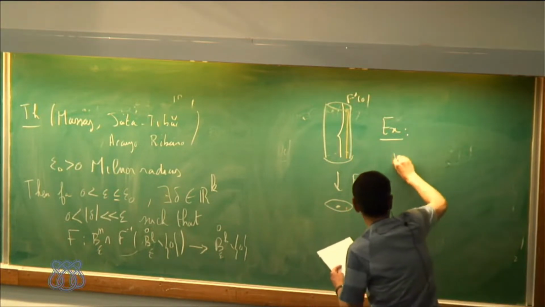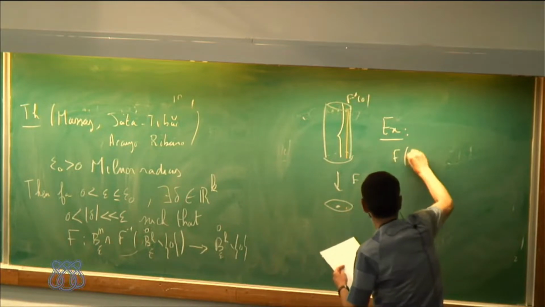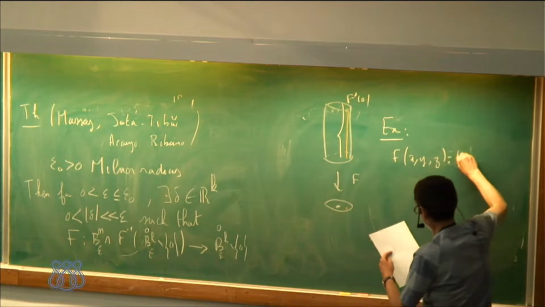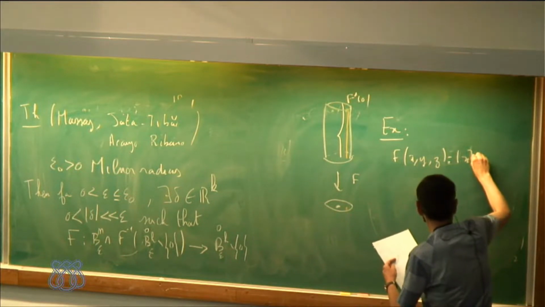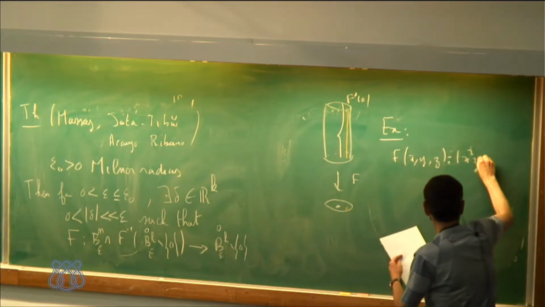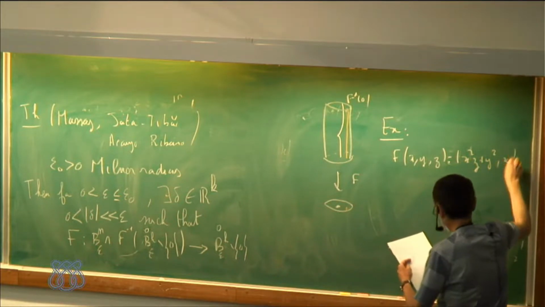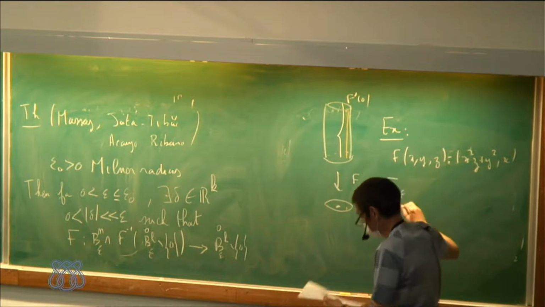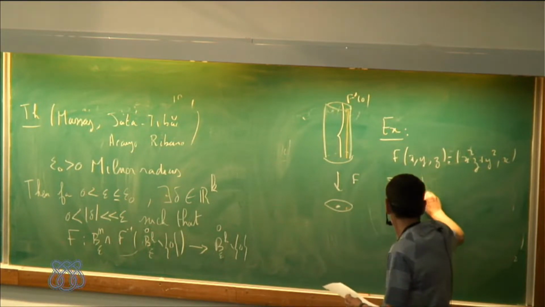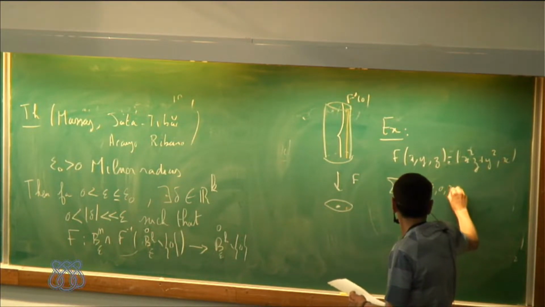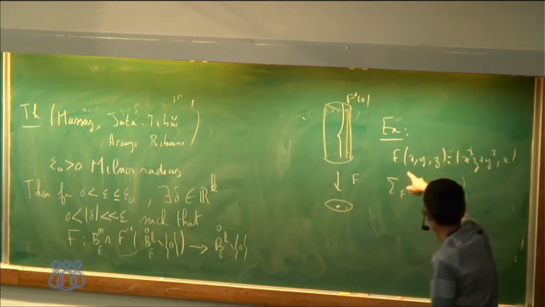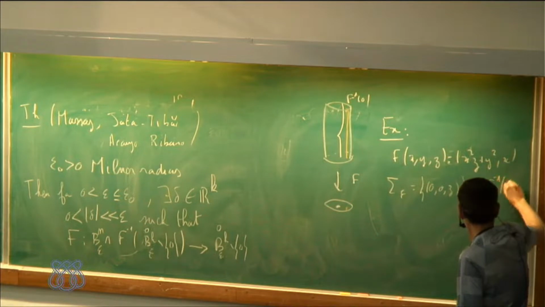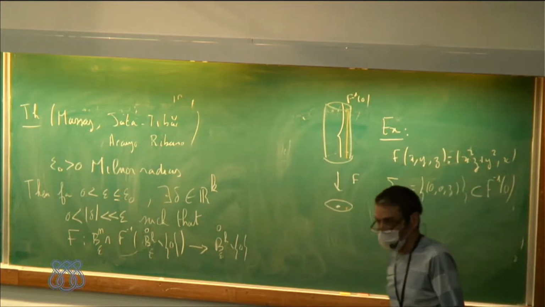Just take f from R3 to R2, f(x, y, z) equal to (x squared z plus y squared, x). So the singular set of f is just the z-axis. So it's clearly included in the zero set.